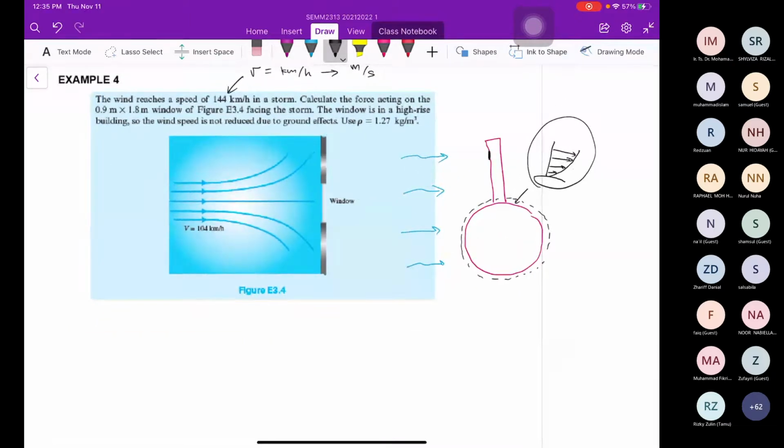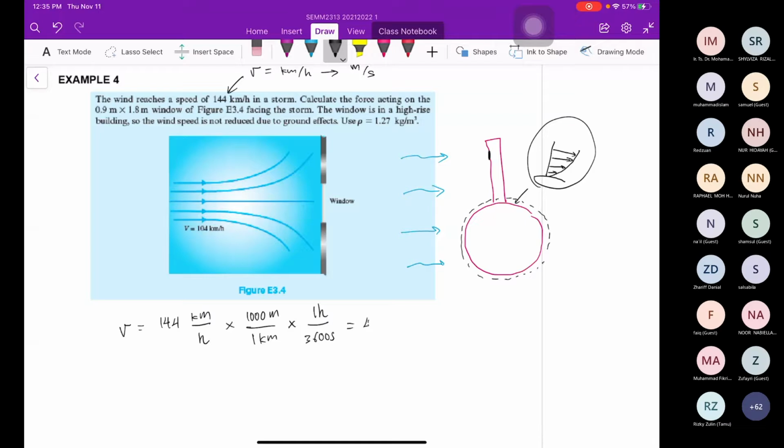So to convert it, V equals 144 kilometer per hour multiplied by 1000 meter per 1 kilometer, multiplied by 1 hour per 3600 seconds.